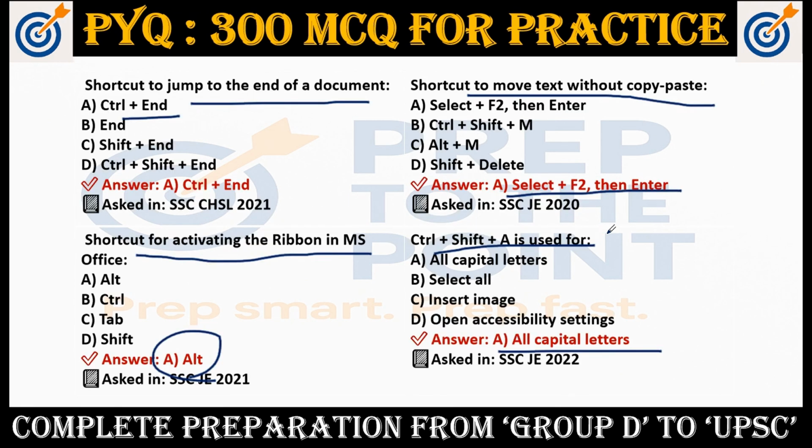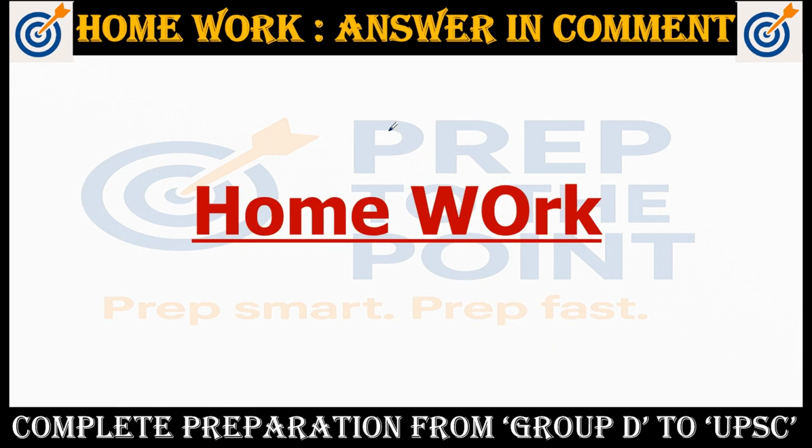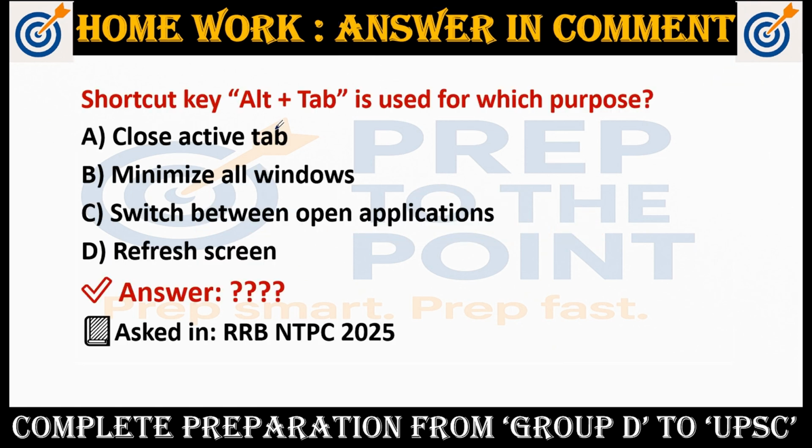So friends, here 300 MCQs of previous year questions are completed and you have practiced well. Now this is homework and you will give the answer in the comments. There are 4 questions. First of all, shortcut key Alt plus Tab is used for which purpose?